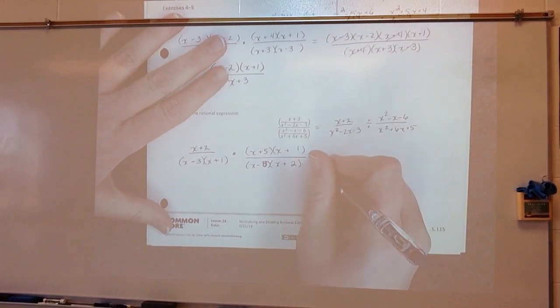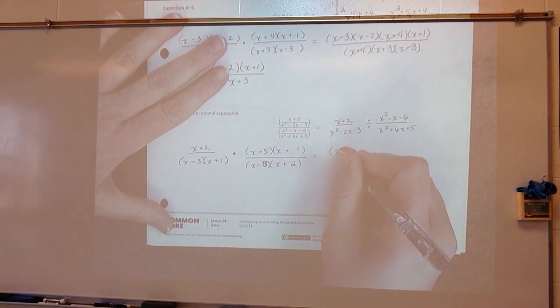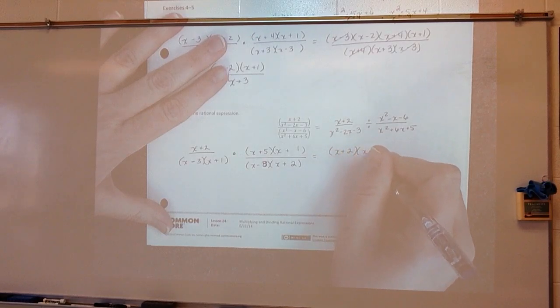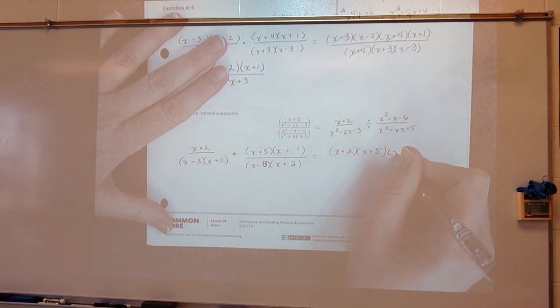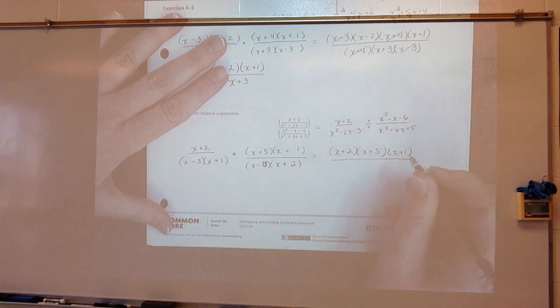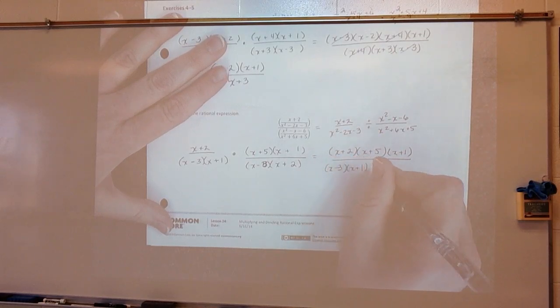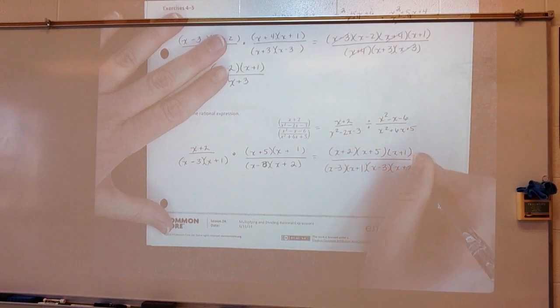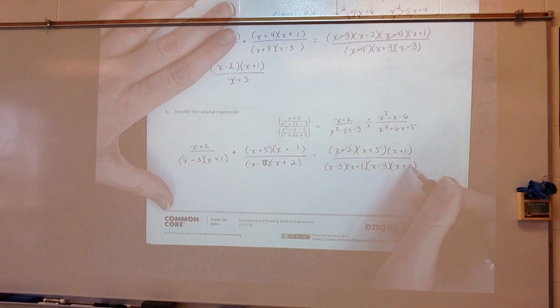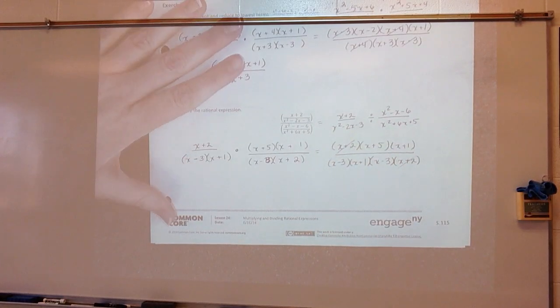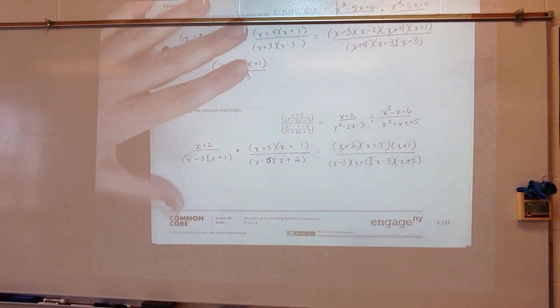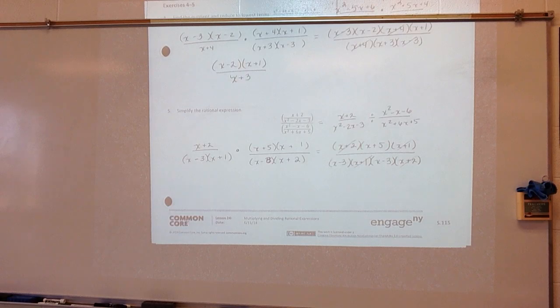Now let's multiply. x plus 2 times x plus 5 times x plus 1 over x minus 3 times x plus 1 times x minus 3 times x plus 2. x plus 2 divided by x plus 2 is 1. x plus 1 divided by x plus 1 is 1.